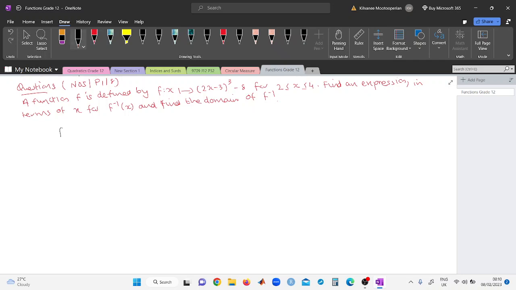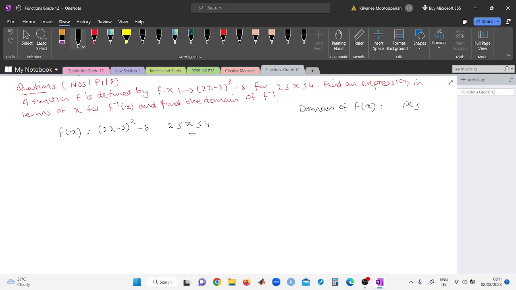Bon, il écrit comme ça, vous pouvez écrire f of x. Ok, it's so simple. Ok, après il demande ce domain. Donc 2 and 4 inclusive of each other. Donc là, il demande find an expression for f inverse. Ok, so très simple.